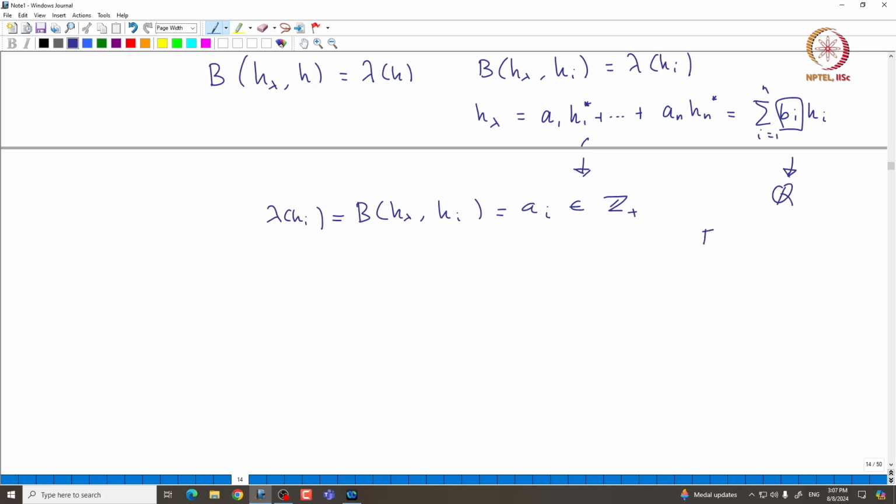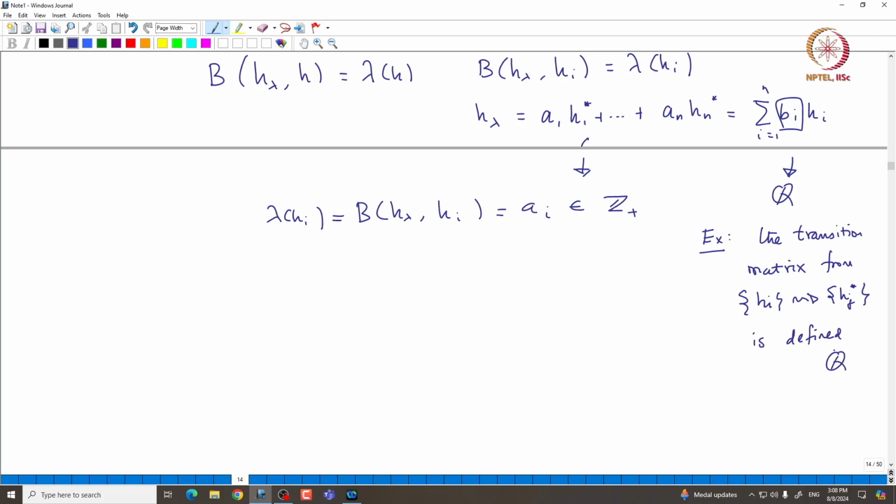I will leave it as an exercise. The transition matrix from the basis Hi to Hj star is defined over rationals.